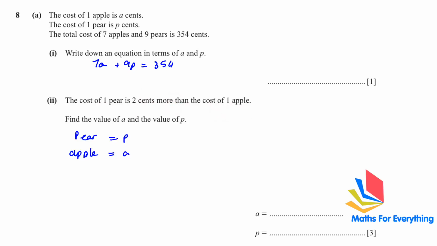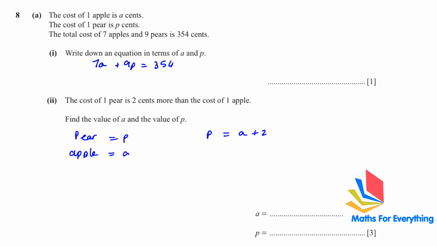If we want to make the cost of the pear equal to the cost of the apple, we will add 2 to the cost of the apple because the pear is 2 cents more. So we added 2 to the apple cost to make them equal.